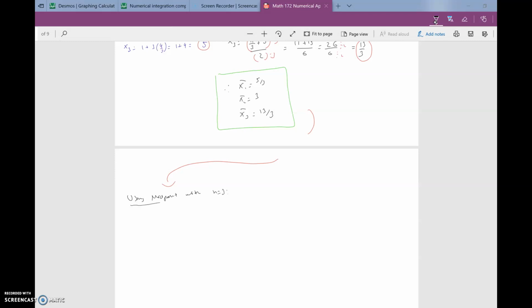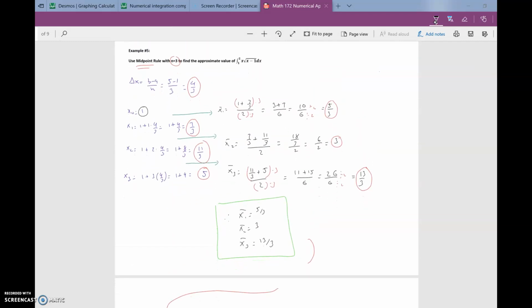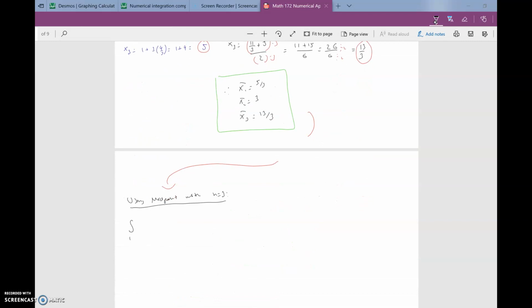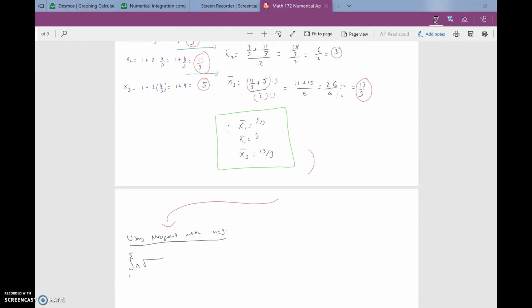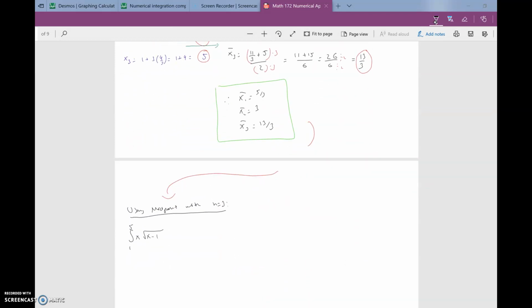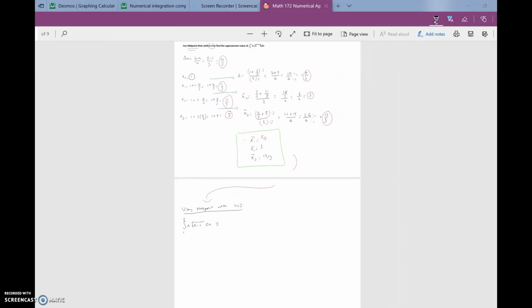It's going to give us the integral from 1 to 5 of x square root of x minus 1 dx. It's approximately, and this one's going to have the b minus a divided by n, or the delta x, which happens to be 4/3, times f of x, where f of x is x square root of x minus 1.